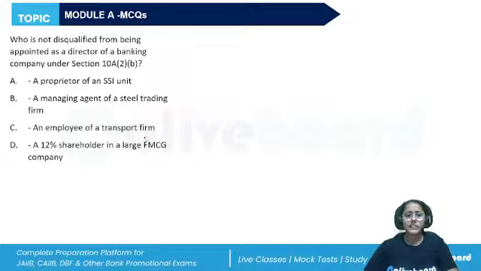So there are certain restrictions on employment, right? A person who has been adjudicated insolvent, a person who has been convicted by a criminal court, a person whose remuneration is by way of commission or share in the profit of that company, and a person whose remuneration is excessive in the opinion of RBI.